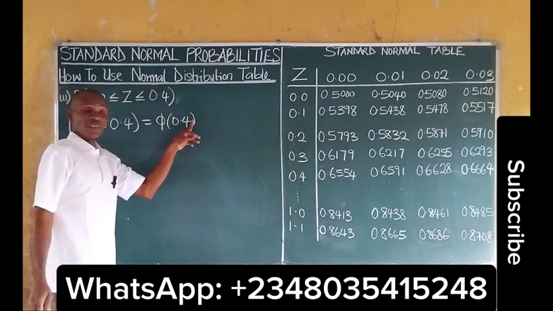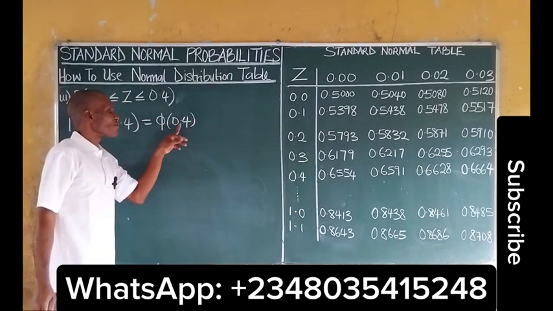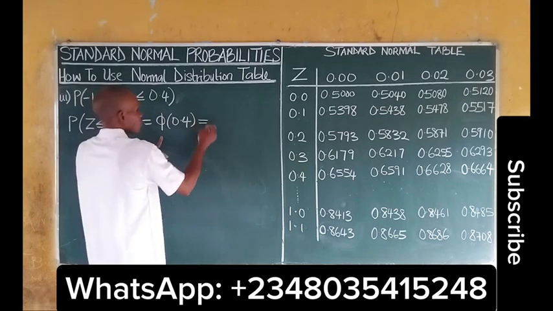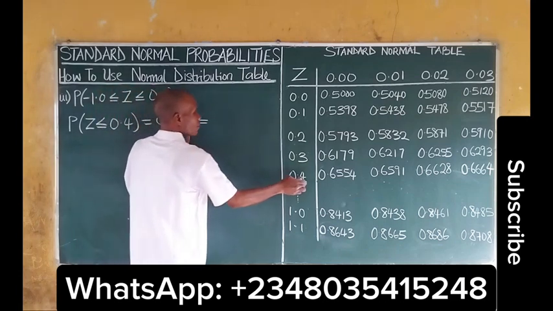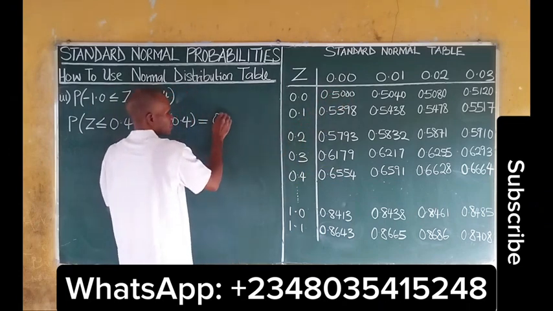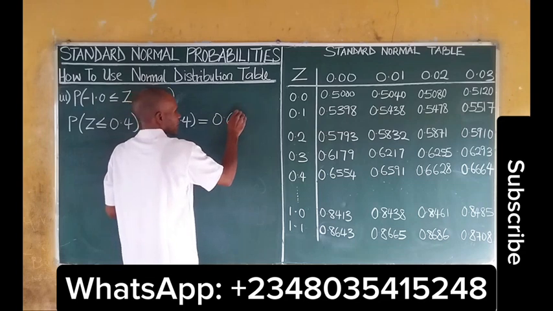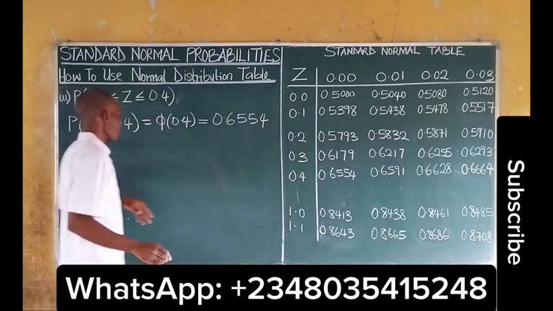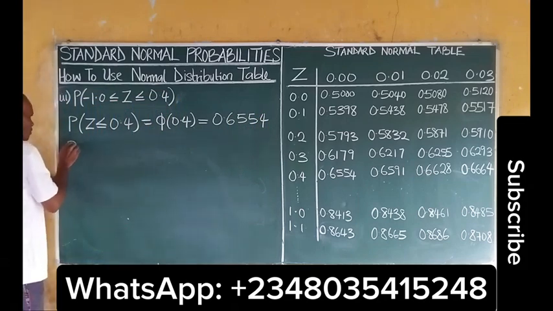Since there is no value here, we say 0.00. So that is how to look for this value. And it will now give us 0.4 under 0.00, which is 0.6554.